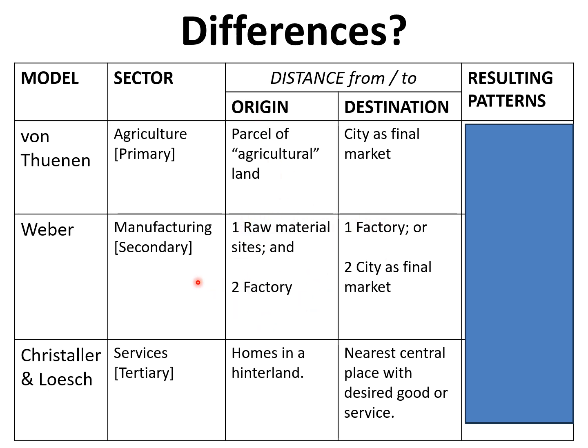Or if your origin is the factory, then the city is going to be the final market, the destination for those trips. So from the factory to the city is a particular distance, and from a raw material site to the factory is another distance, right? And then for Christaller and Lusch, the destination is just the nearest central place with whatever the desired good or service is.